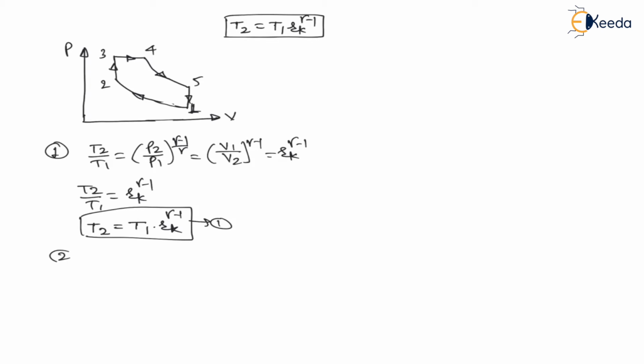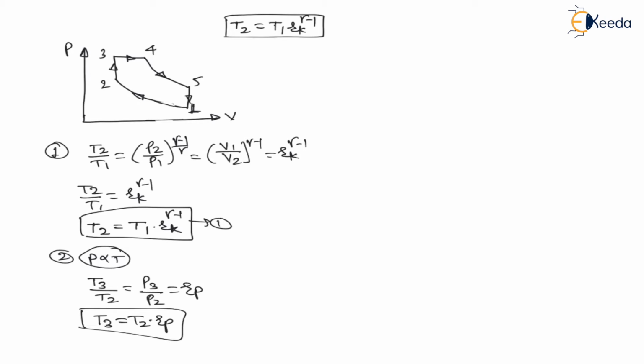Now the second process, that is process number 2 to 3, is constant volume heat supply. Therefore at constant volume, pressure is directly proportional to temperature, so the pressure ratio can be replaced with the temperature ratio. Therefore we can say T3 divided by T2 is equal to P3 divided by P2. And my dear students, this P3 divided by P2 is the explosion ratio, that is RP. Therefore T3 is equal to T2 into RP.